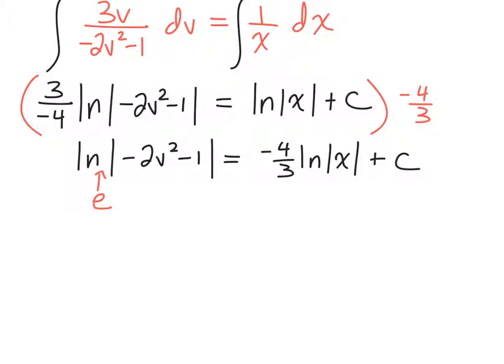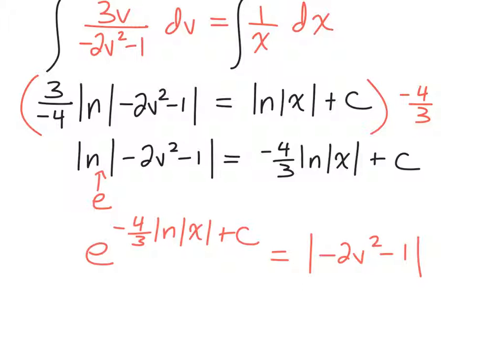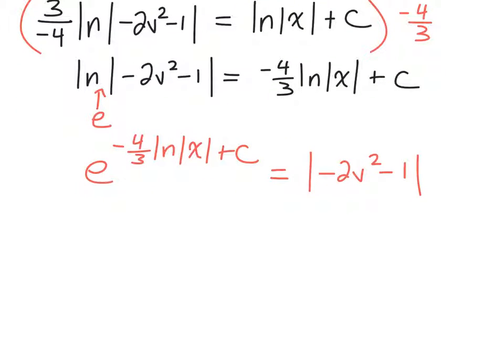So it's going to be e to the negative 4/3 ln x plus c would be equal to the negative 2v squared minus 1, which in turn would become c e to the negative 4/3 ln of x.